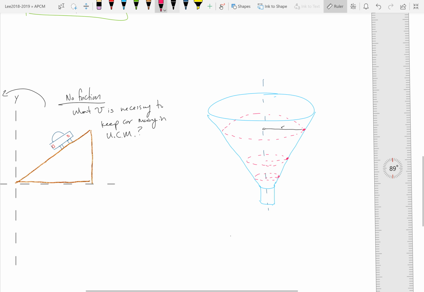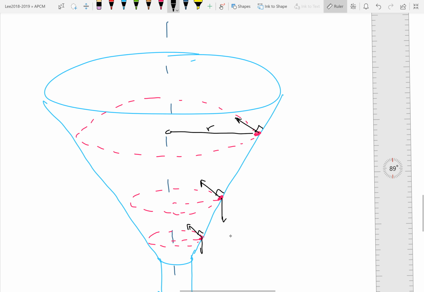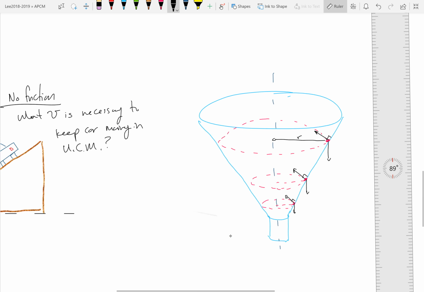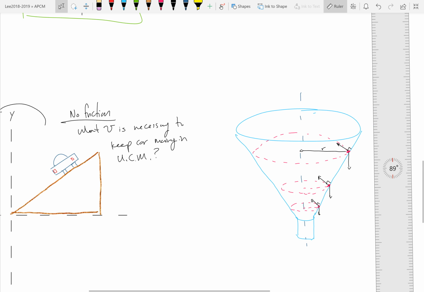The normal force on this particle in the funnel is going to be perpendicular to the funnel, right? So there's a normal force pushing. And there's no friction in this example, but there's still gravitational force acting on it. Those force vectors are not to scale. Just trying to give another example that would maybe make a little more sense when there's no friction.